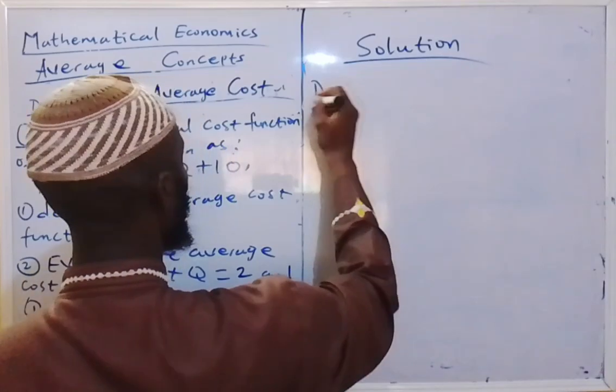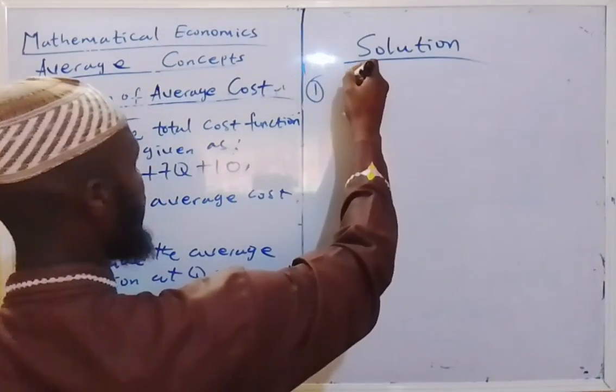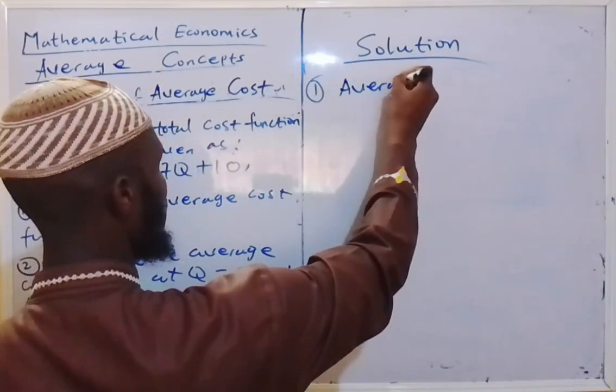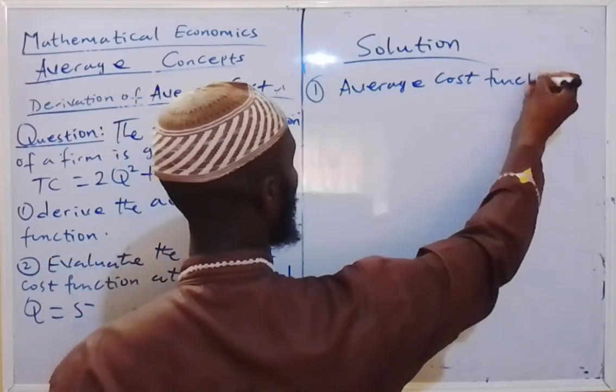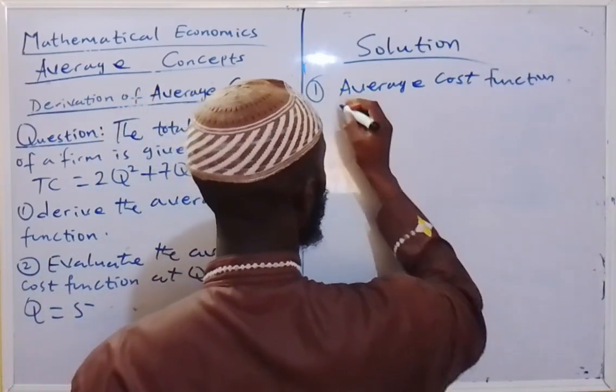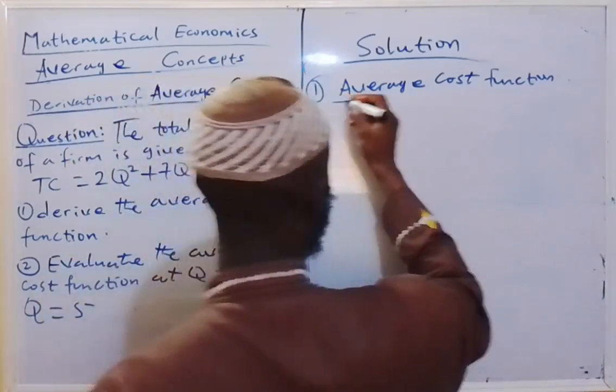So the first question, we want to derive average cost function. So how do you derive average cost function?